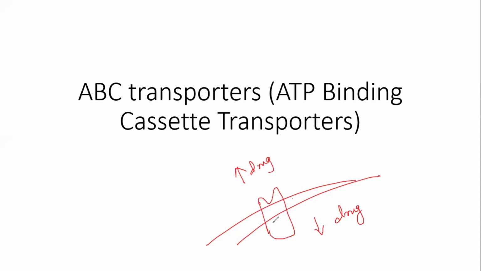So the bacteria needs to pump from inside to outside, against the concentration gradient, so obviously it is going to need ATP. This is the basic mechanism behind ABC transporters, and behind any active transporters. Are you able to follow?